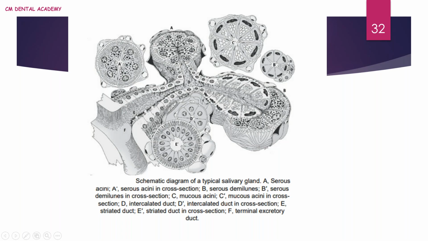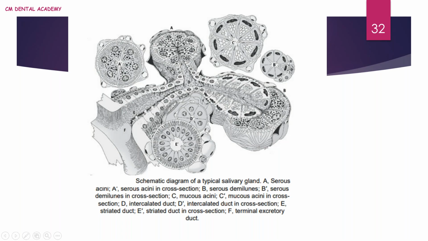This is a schematic presentation of a typical salivary gland with the serous acini. Here you can see a serous acini. Serous demilunes are present here. And this is the mucous acini with the demilunes. This is the intercalated duct in cross section.